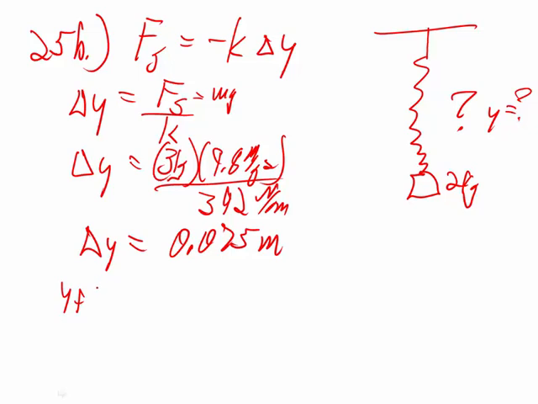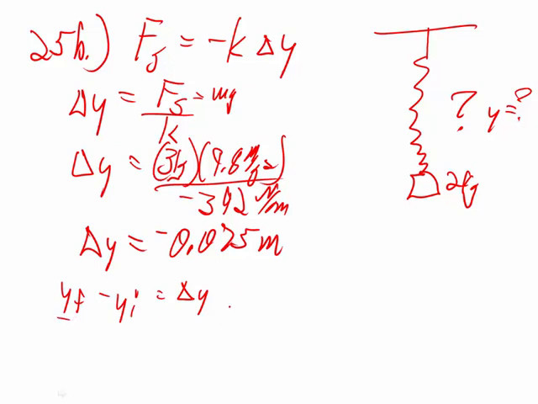Y final, and that should be a negative because this is negative. So Y final minus Y initial, again, y'all, you do have to remember that when you do one of these, is equal to the change in Y, isn't it? So let's find here.